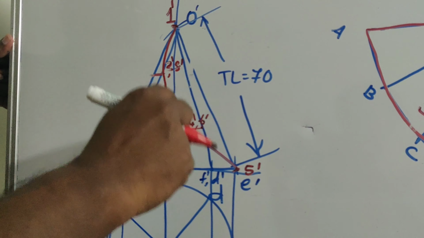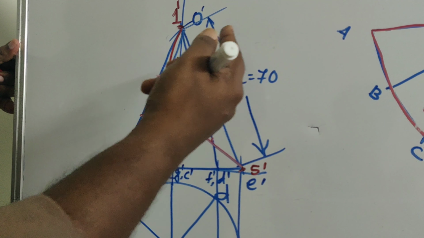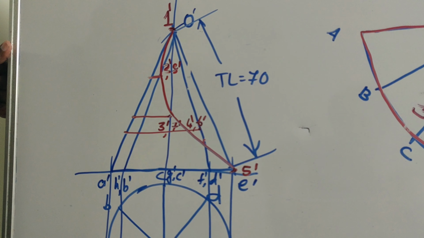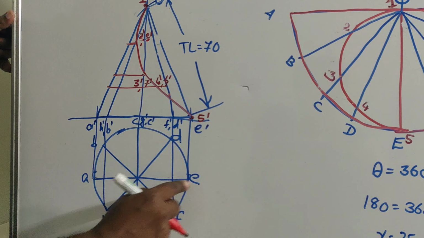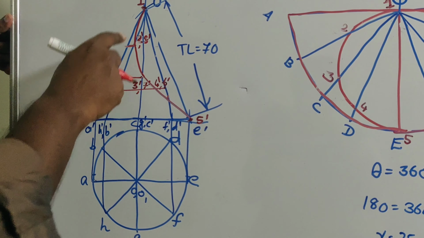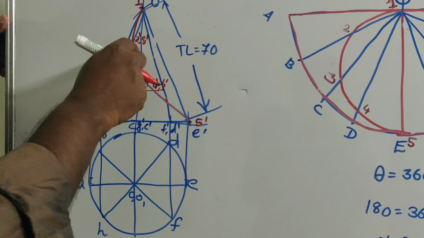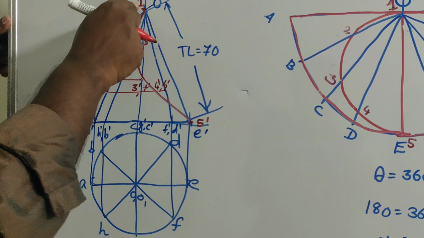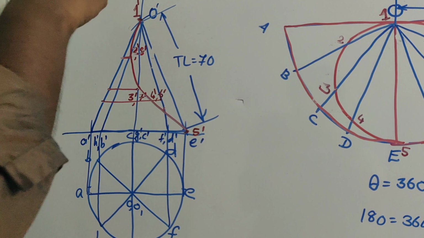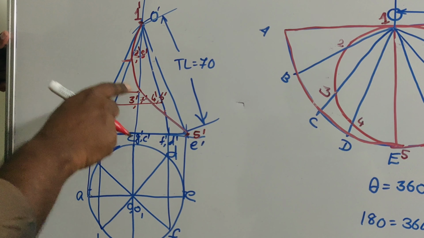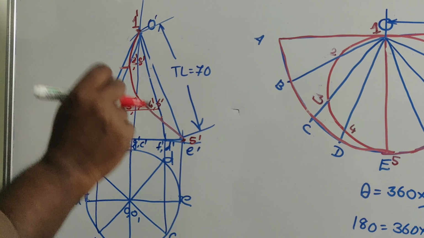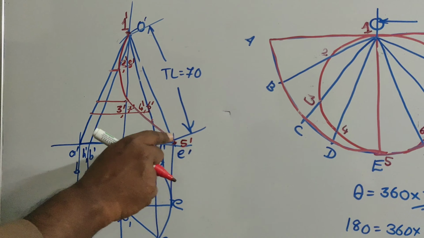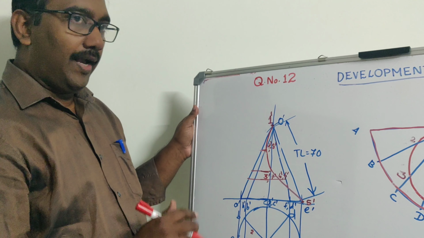A similar curve you will get at the back side. That is, this may be, say, along AH, OA, OH, OG, OF, OE. That means it is say 5 dash, 6 dash, 7 dash, 8 dash and 1 dash. Now at the rear side there will be 1 dash, 2 dash, 3 dash, 4 dash and 5 dash. That is also shown as visible because of the coincidence, as mentioned.